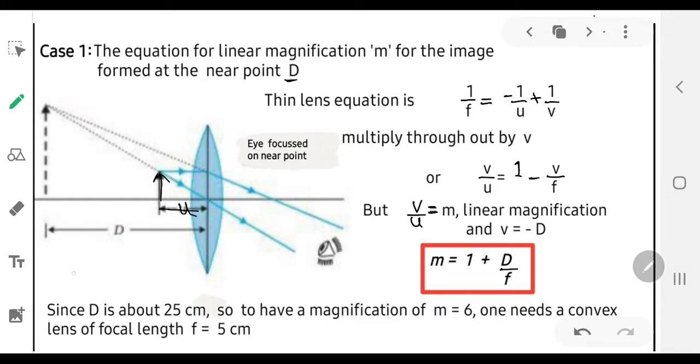If it is more than f, we are going to get a real image on the other side of the lens, and it will be inverted. We want the image on the same side as the object, that is a virtual image. So we have to place the object at a distance less than the focal length.